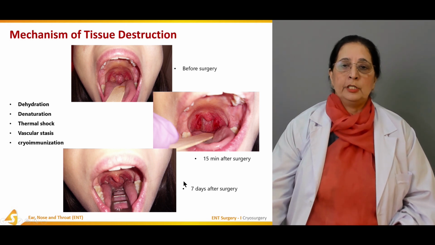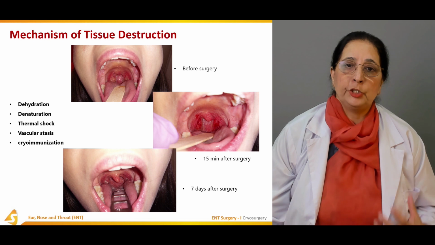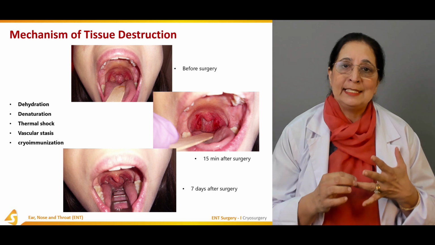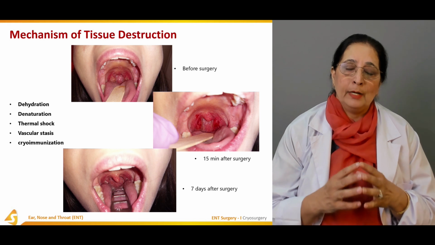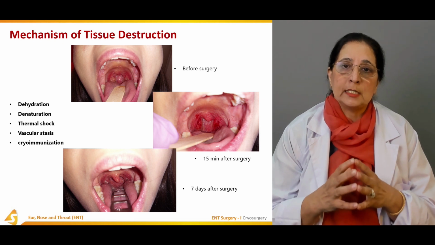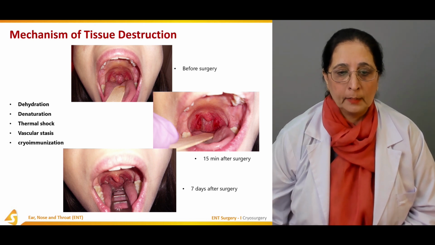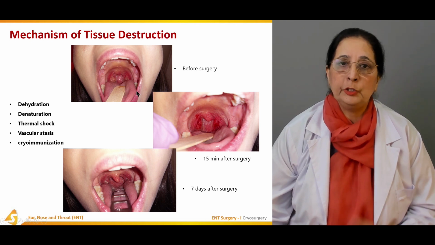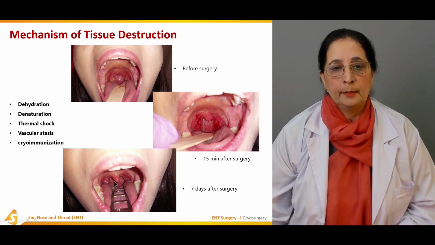So in this procedure, the tissues are destroyed by dehydration of the tissues, denaturation, thermal shock, and stasis of the blood vessels, the blood supply is decreased, the vascular stasis occurs that can cause necrosis and death of the tissue, and it can cause cryoimmunization. So you can see the extra tissues that are removed by using the freezing temperature, and that's the picture 7 days after the procedure.